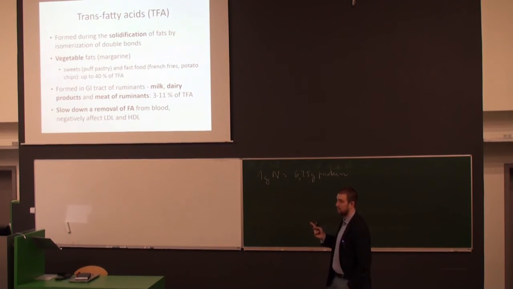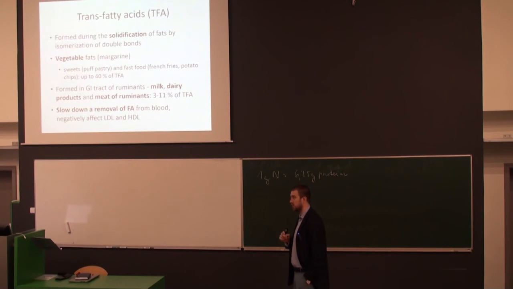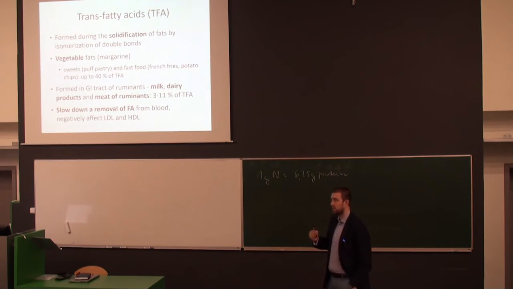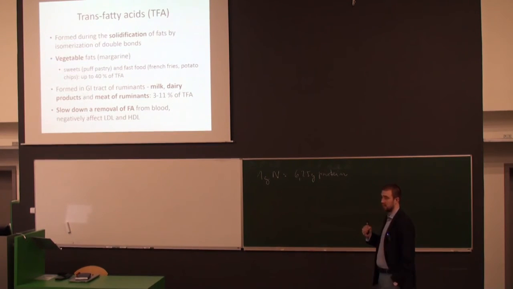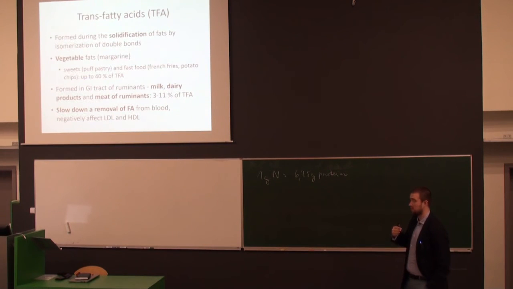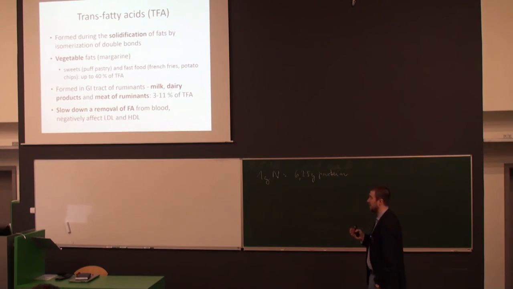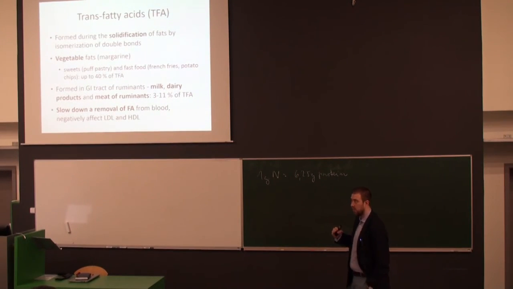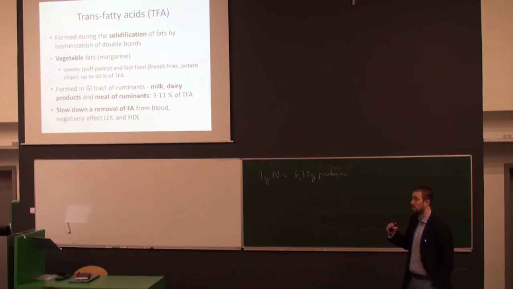Where can you find them? Twenty, thirty years ago, they were very frequent in solid vegetable fats, for example, in margarines. They were plant fats, but unfortunately with a high amount of trans fat. Then there were very big restrictions, and nowadays margarines should have below 1% of trans fat. But you can still read that margarines are not good, since they have a lot of trans fat.